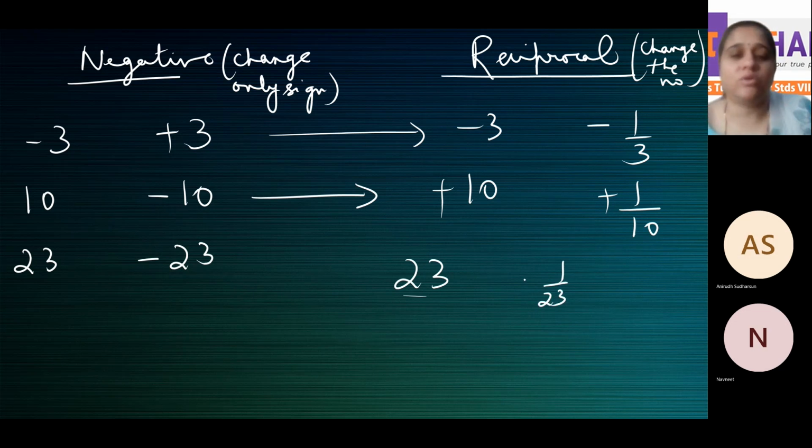So this is how you write the reciprocal and the negative. For negative, write the number as it is, change the sign. For reciprocal, write the sign as it is, change the number, meaning write it upside down. For reciprocal, upside down only. For negative, you should change the sign.